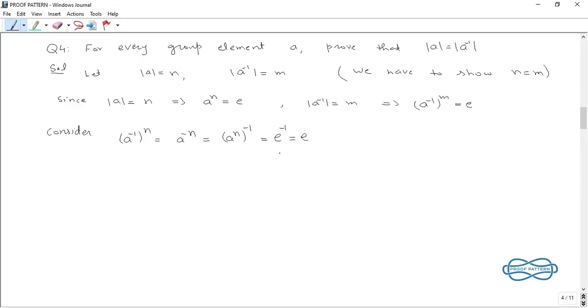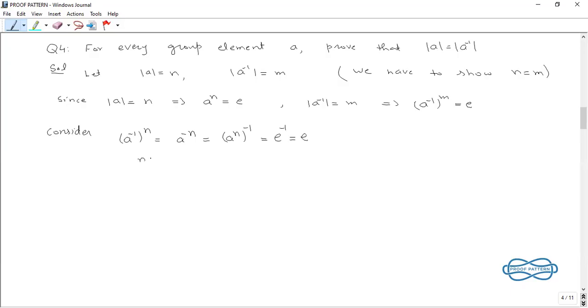Now we see that A inverse gives the identity when we take its power n, and the order of A inverse is m. And we know the definition of order, which is the least positive integer. So it is clear that whenever an element gives the identity for some integer, that integer will be greater than or equal to its order.